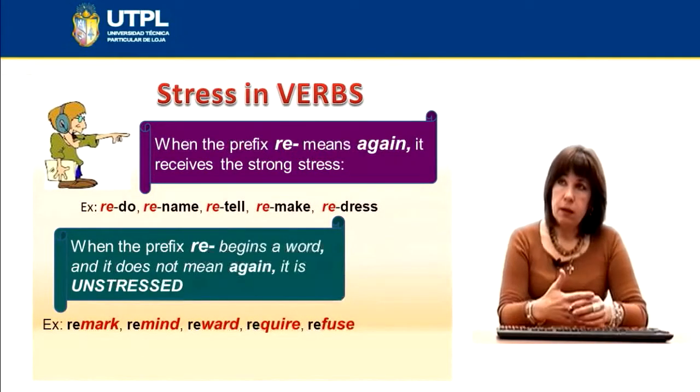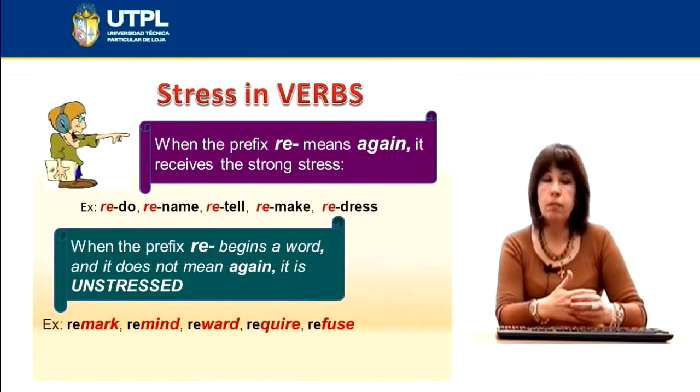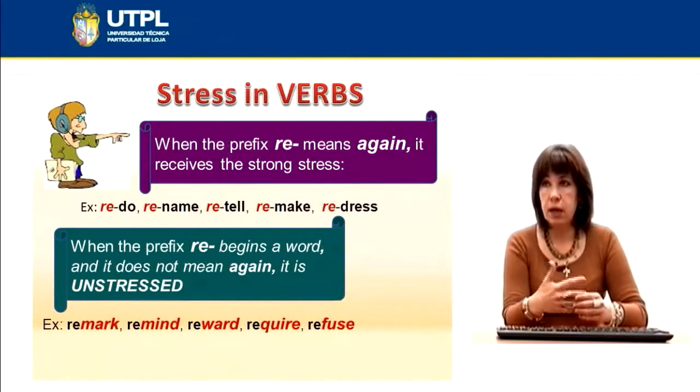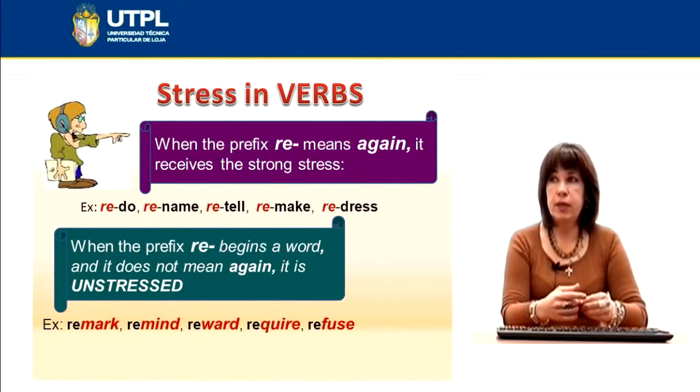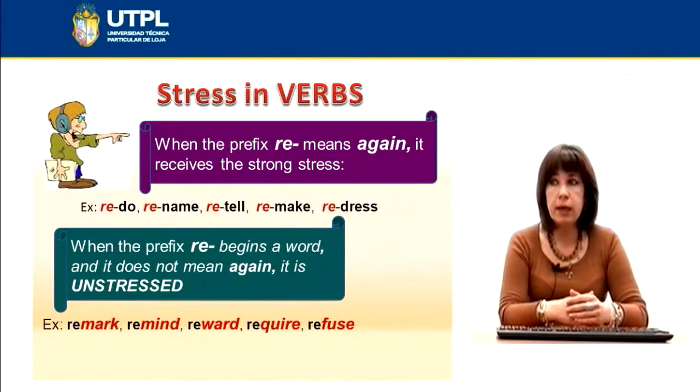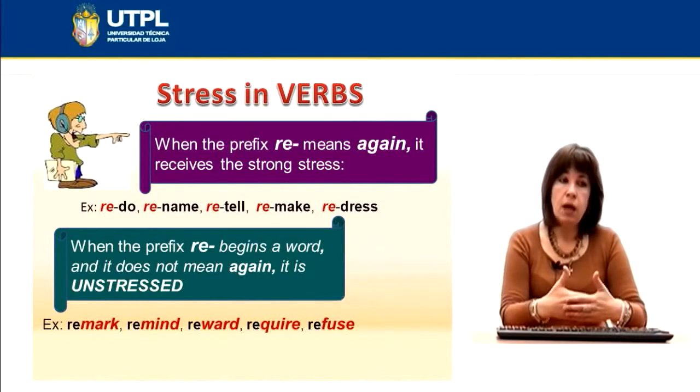Again, it's a kind of exception to the general rule of stress placement in verbs, because you know that in verbs the stress should go on the second syllable, but here, when we have the prefix R-E with the meaning of again, remember that stress goes on the first element: redo, rename, but only when these words have the meaning again. When the prefix R-E begins a word and doesn't mean again, it is unstressed.